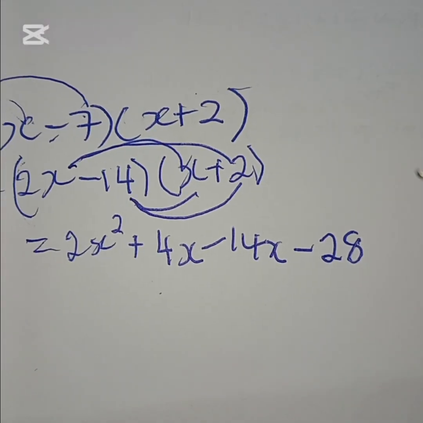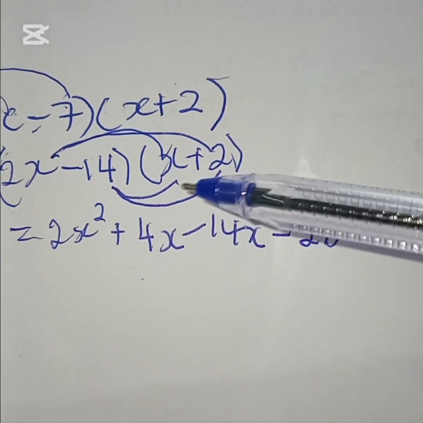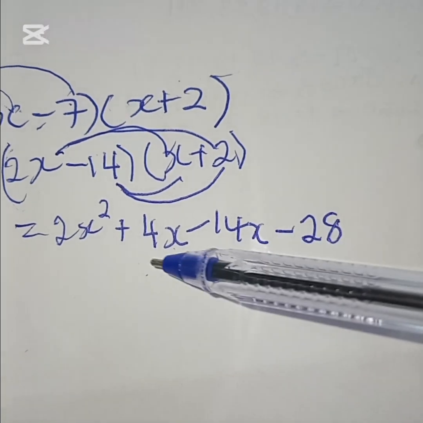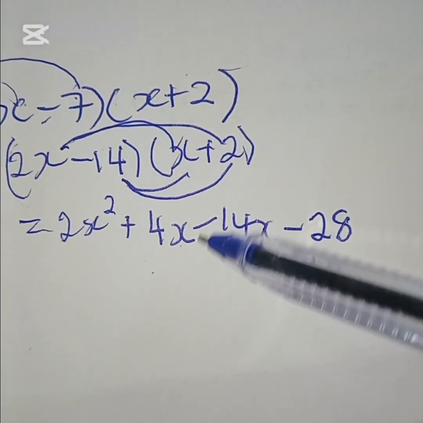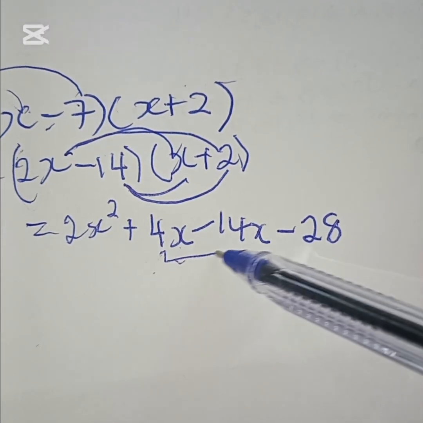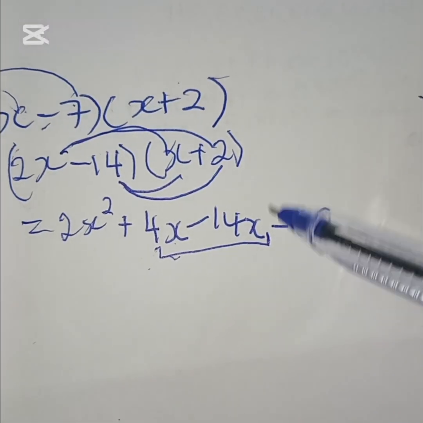And of course we collect like terms. Like terms are 4x and 14x. They are both small boys, so they can hang out together.